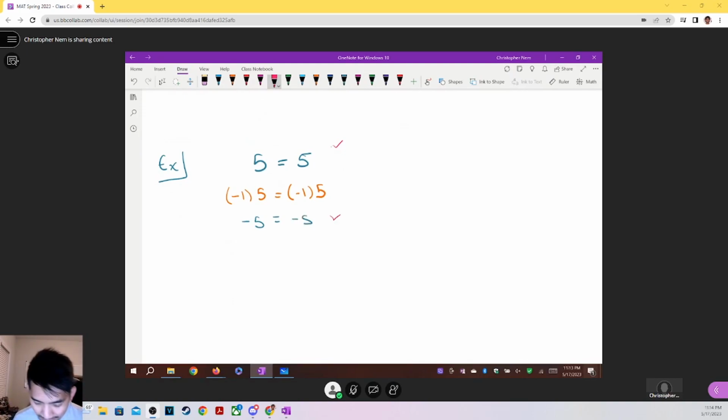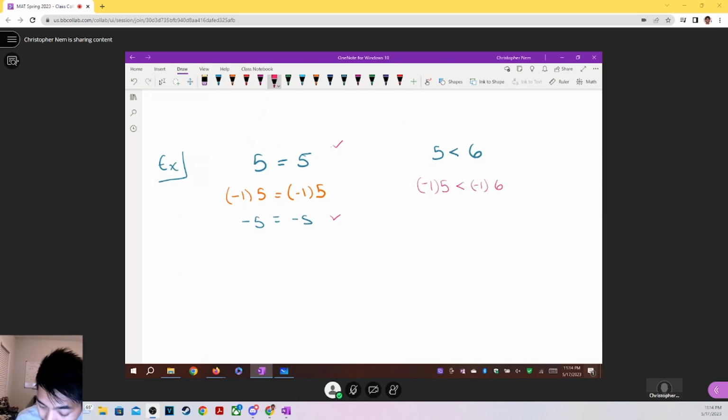Great. Now, let's work with inequalities in particular. What happens if I did 5 is less than 6? Right? If I add 1 to it, that becomes 6 is less than 7. That is still true. But observe. Right here.